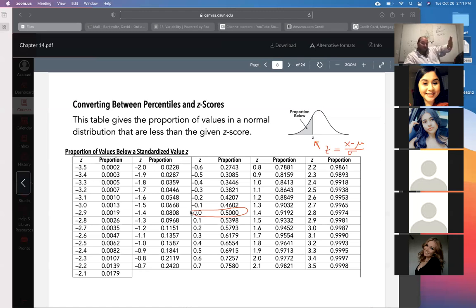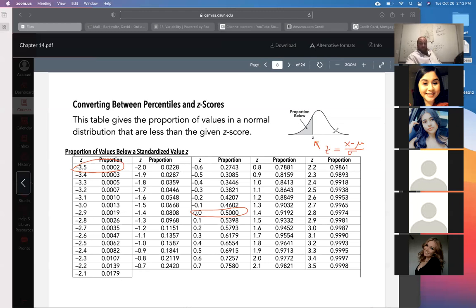And then when you go to the left, the proportion goes down because as you move to the left, there's less room to the left of you. By the time you get all the way to negative 3.5, the amount of data beneath you is negligible, 0.0002, an insanely small amount.